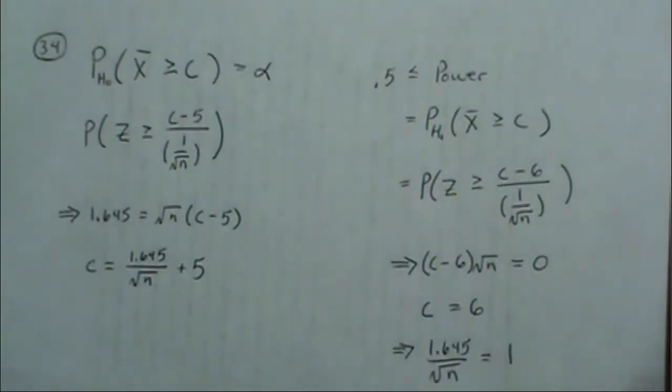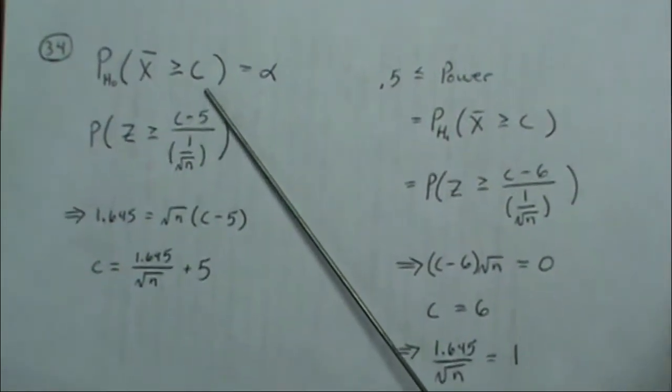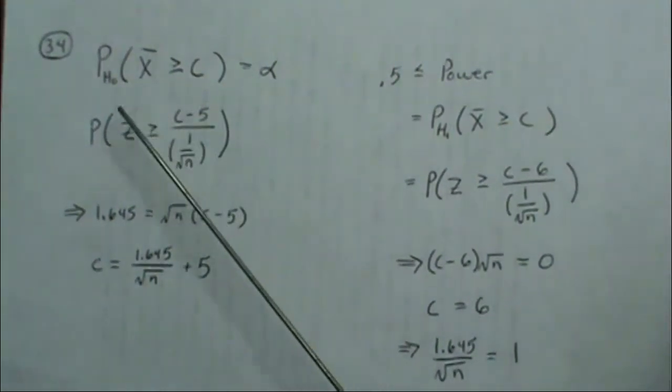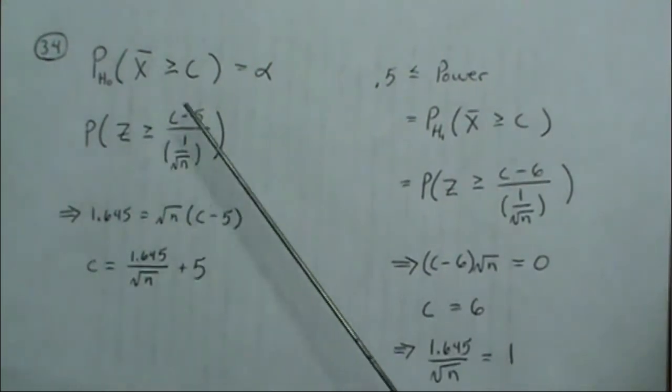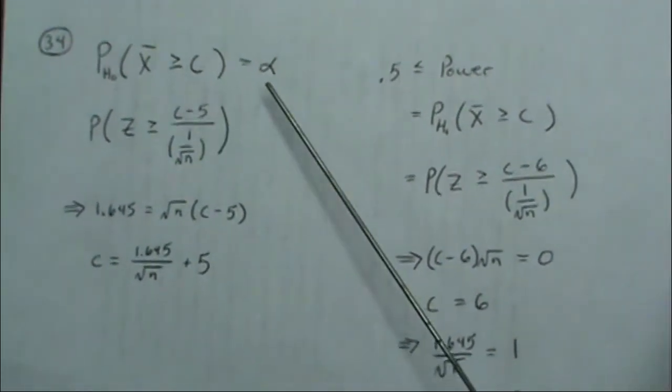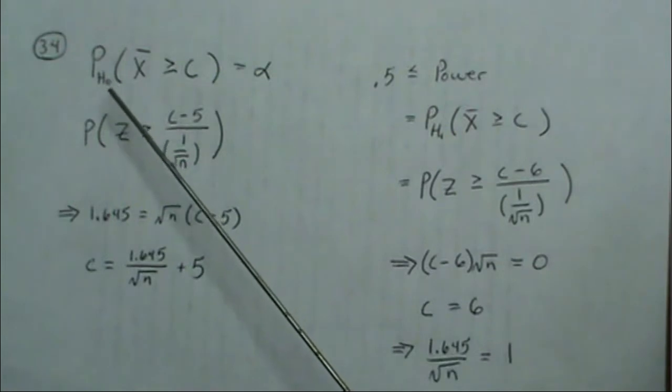So number 34, we want to find the power of the test. So we want to first find the rejection region. So the probability that x bar is greater than c is alpha, and this is under the null hypothesis.